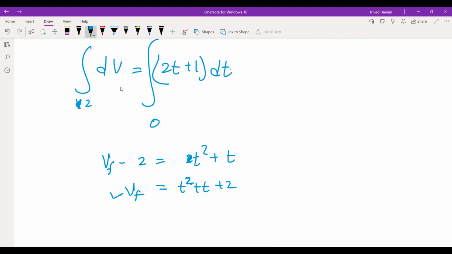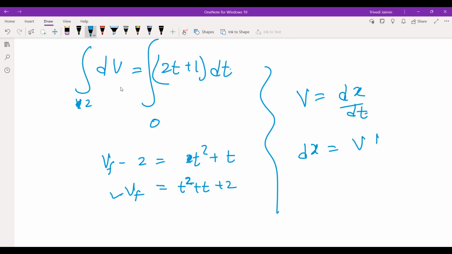Okay, we finally got it. Even we know v equals to dx by dt. So dx equals to v dt. So v is how much? t square plus t plus 2, dt integrate.